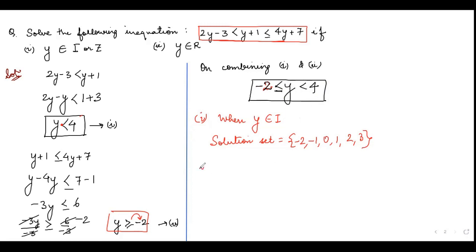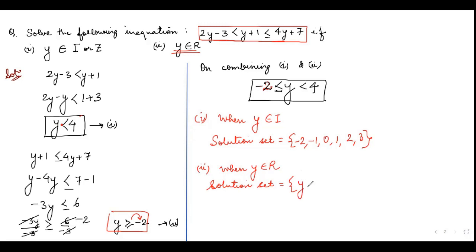The same question, the same inequation, is now for y belongs to real numbers. Real numbers cannot be written in roster form, so the solution set will be written in set builder form. We will write the variable name, and this time the variable is not x, it is y.